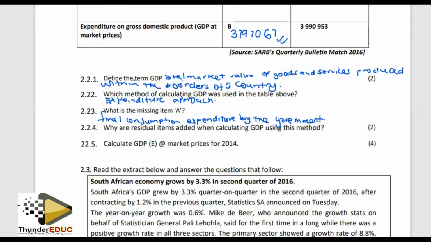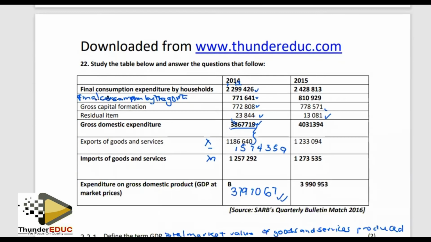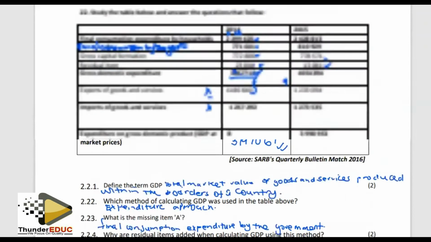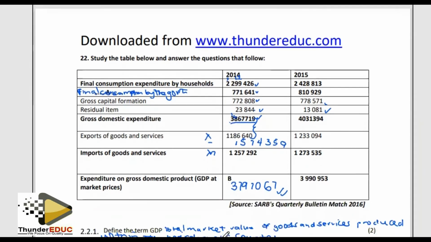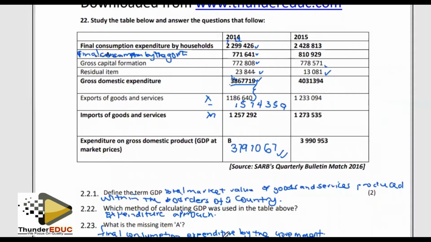They wanted us to calculate total gross domestic expenditure at market price for 2014, which already is done, which we already saw.